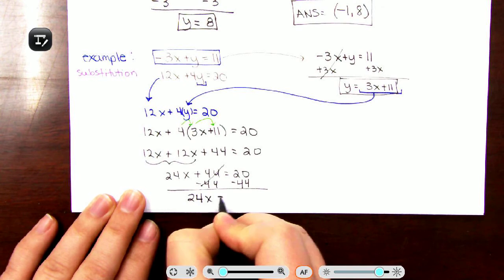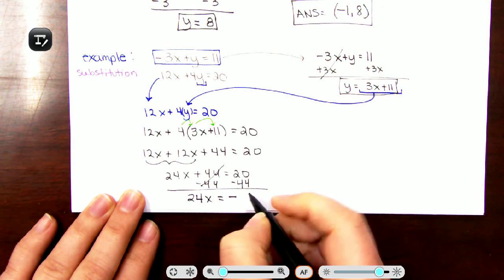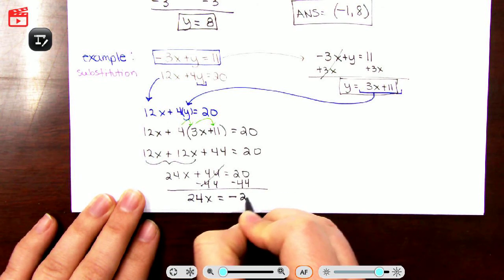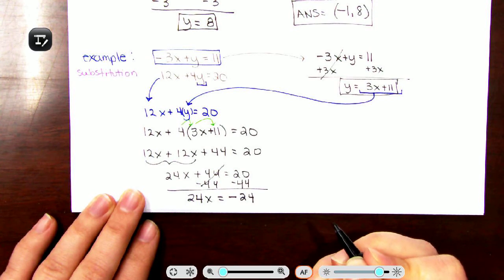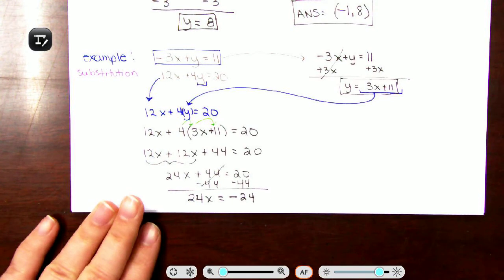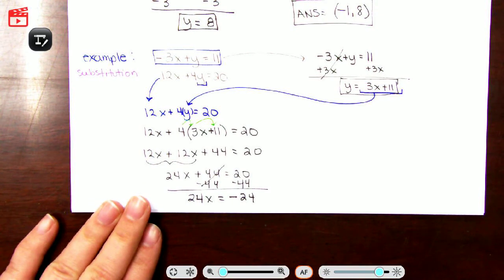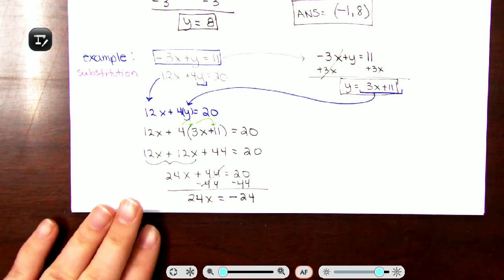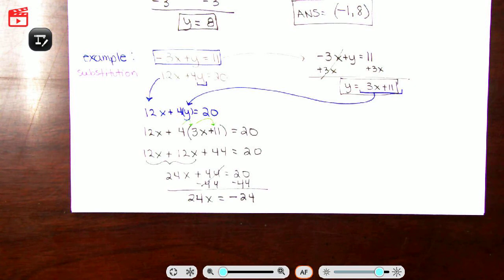24x is equal to negative, oh, what is this? Negative 24? Yes? Oh, that's not right. What should this be? Is that right? I'm doubting myself. Is this in fact 24? Let's see.